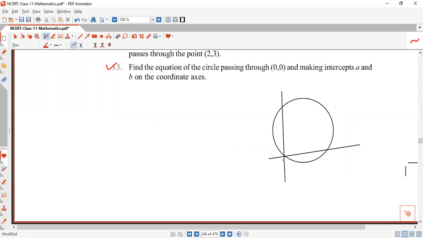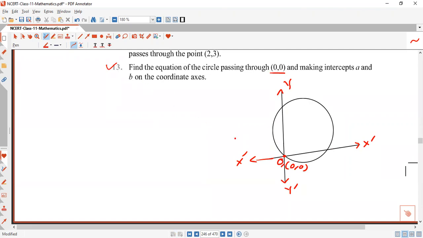You say this is the origin, this is the x-axis, x dash, negative axis. This is positive. And this is y and this is y dash. So it is passing through the origin, which means the origin lies on the circle. 0, 0 means the coordinate of the origin.